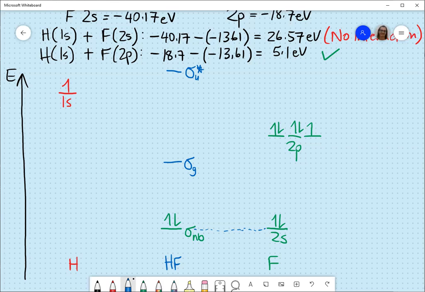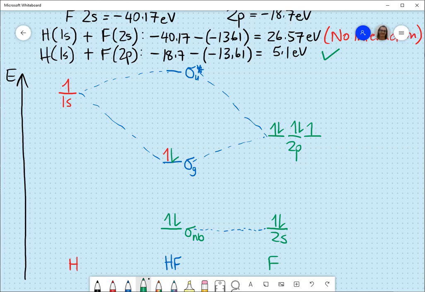So that'll be a contribution from the 1s orbital of the hydrogen and the 2p orbitals of the fluorine. Now we only have 1 electron from the hydrogen that can go here, and 1 free electron from the fluorine that can go here. So they sit in the bonding orbital.